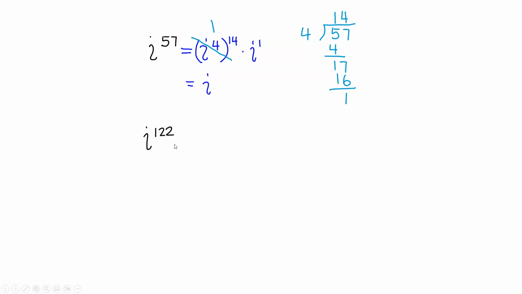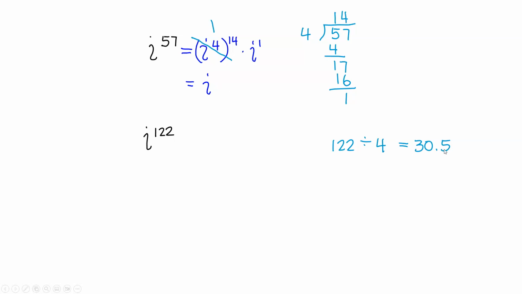For i to the 122nd power, for instance, it doesn't matter how big these get, all you have to do is take this and divide it by 4, and you would get, in this case, 30.5. It's not the quotient part, it's the remainder part that's important, because notice the remainder became the new power of i to the first here.